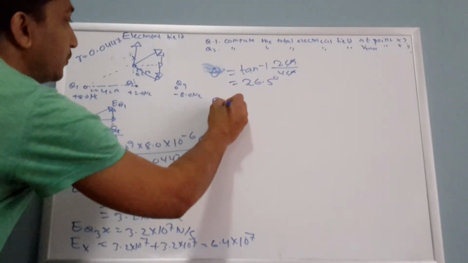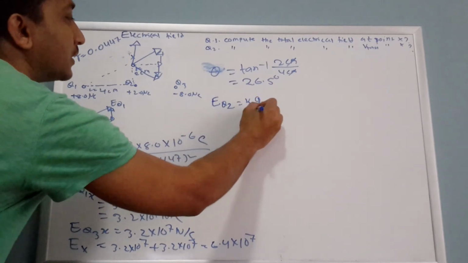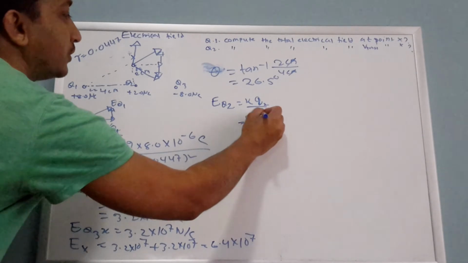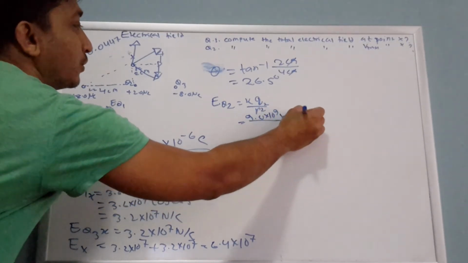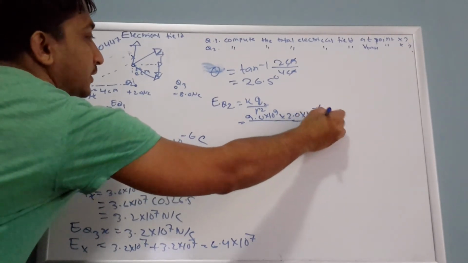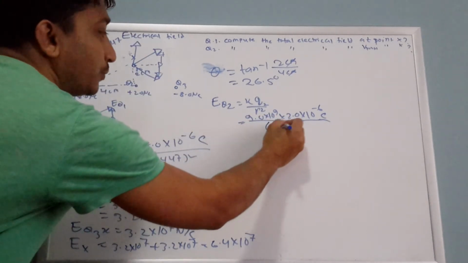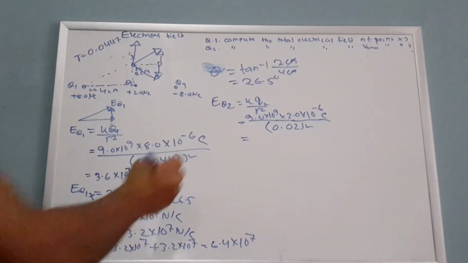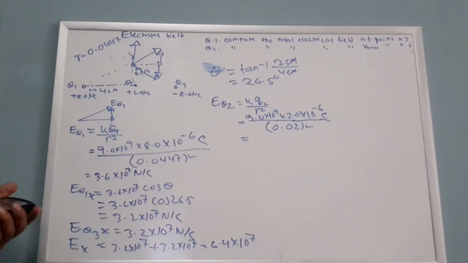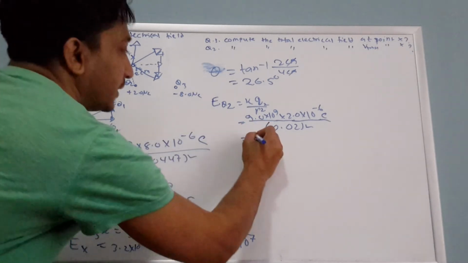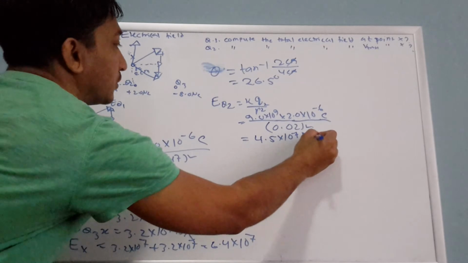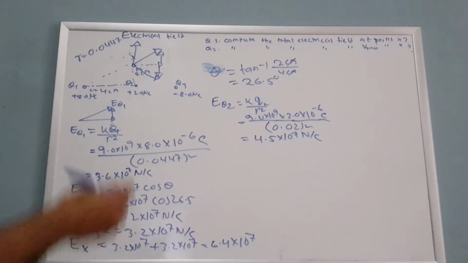E_Q2 equals k Q2 over r squared. k is 9.0 × 10^9, Q2 is 2 μC, which we have to convert to coulombs, so 10^-6, and r is 2 centimeters, which converted to meters is 0.02, squared. So 9 × 2.0 × 10^-6 divided by 0.02 squared gives 4.5 × 10^7 N/C, and this is our E_Q2.